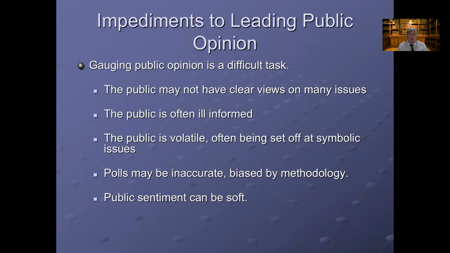So how are you supposed to know what public opinion is? The public is often ill-informed and may not even be able to tell you who the president and vice president are. The public is volatile, often being set off at symbolic gestures or issues.